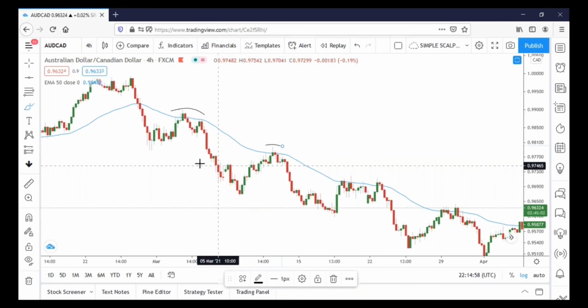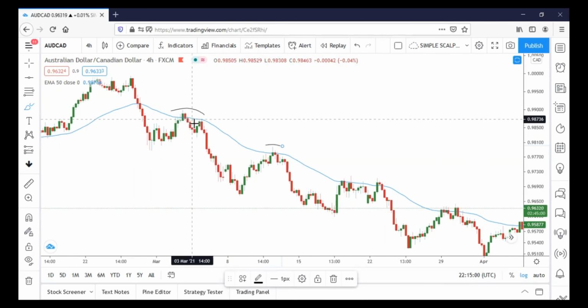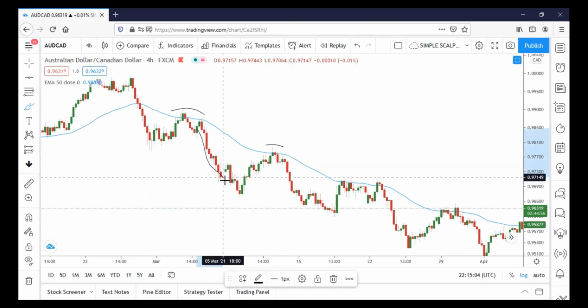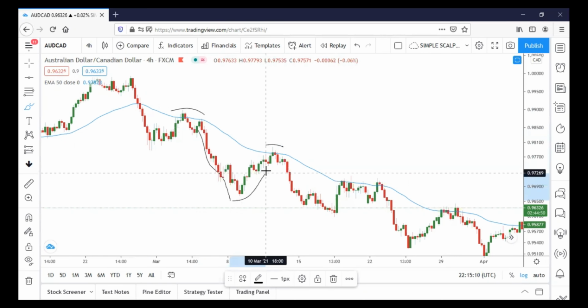Once price drops after the first touch and is on its way down, the next thing we want to see is price going up to touch the 50 EMA. Once price touches the 50 EMA, that is when we want to start looking for a trade.